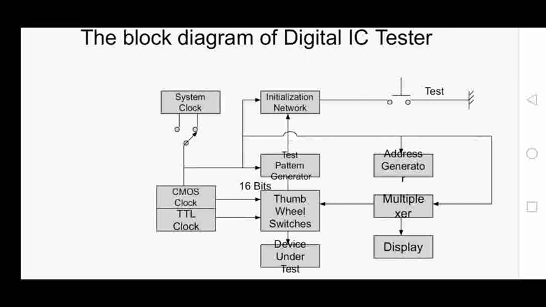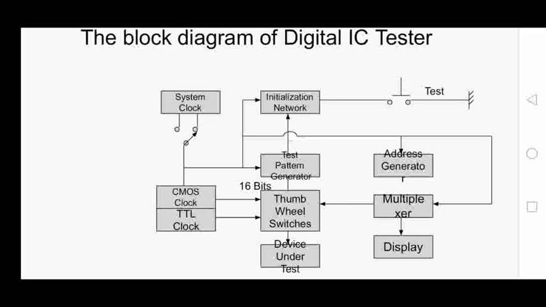In this block diagram, for the IC to work, you have to have the clock also. So clock pulses will also be applied to one of the pins of the IC. This is the main block diagram of the digital IC tester.